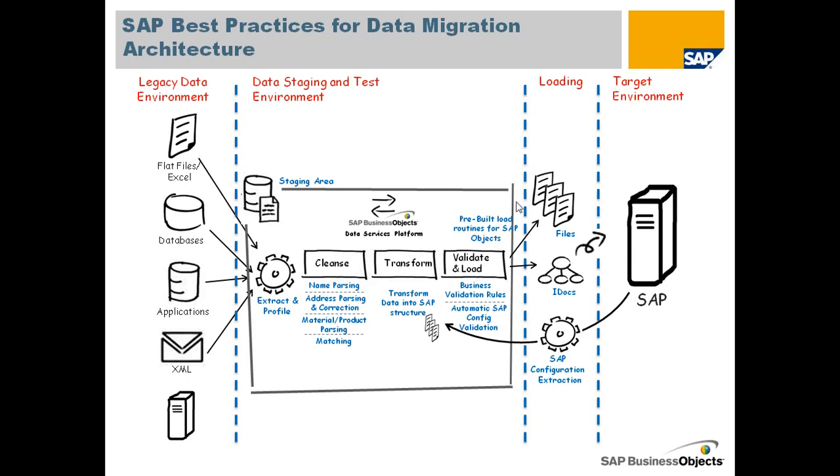Once your data is transformed, we validate and then load it either directly into the SAP platform, or with the help of IDOCs or flat files. This is what Business Objects Data Services does. In one sense, it is a data migration tool used for the ETL process to bring data from the sources into the target database.